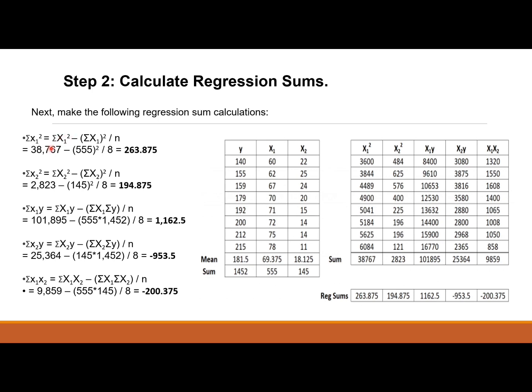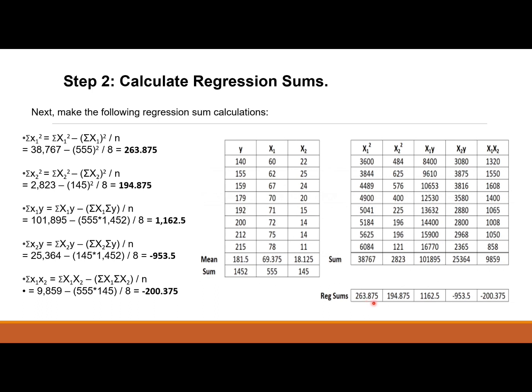By following this equation, minus the 555, the summing up of x1, which is here. Then this 555 raised to the power of 2 divided by 8, we get a total of 263.875.